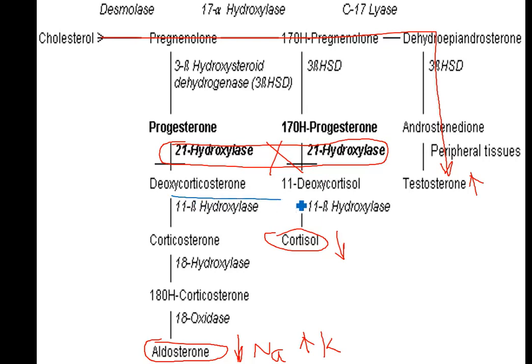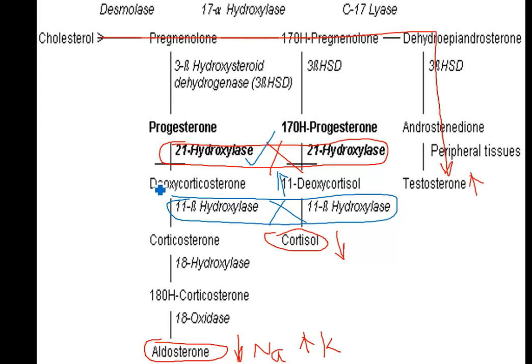In this case, 17-hydroxyprogesterone, by the presence of 21 hydroxylase, is hydroxylated to 11-deoxycortisol, and by the absence of 11 beta hydroxylase, it does not lead to the production of cortisol.